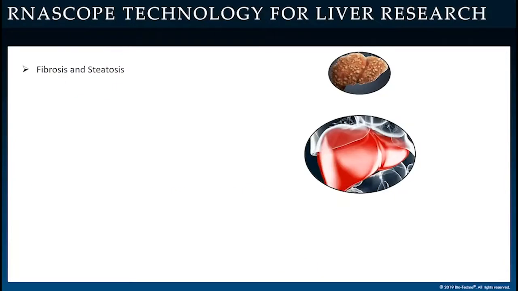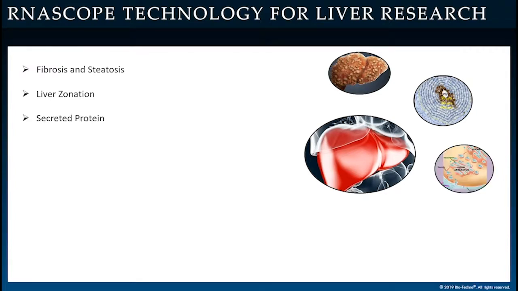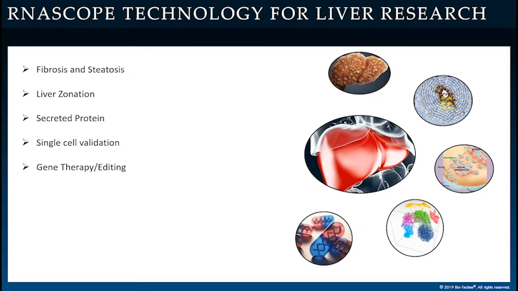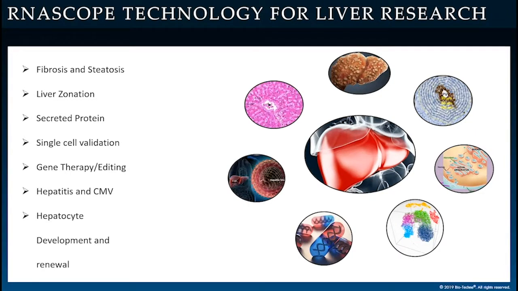So where is RNAscope technology used for liver research? Some of the common areas we see RNAscope technology applied in liver research are studies of fibrosis and steatosis, looking at liver zonation, in which spatial information is really important, identifying secreted proteins, validating single-cell data, as I talked about earlier, confirming gene therapy editing events, studies of hepatitis and CMV, as well as hepatocyte development and renewal studies.